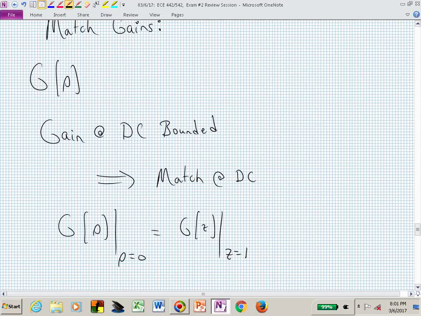If you match DC in the S domain, that is s equals 0. Because of this relationship of z equal to e to the st, when s is equal to 0, z is equal to 1. And so you can now replace z with 1 when you're replacing s with 0, and you're setting those two expressions equal to each other. Question?